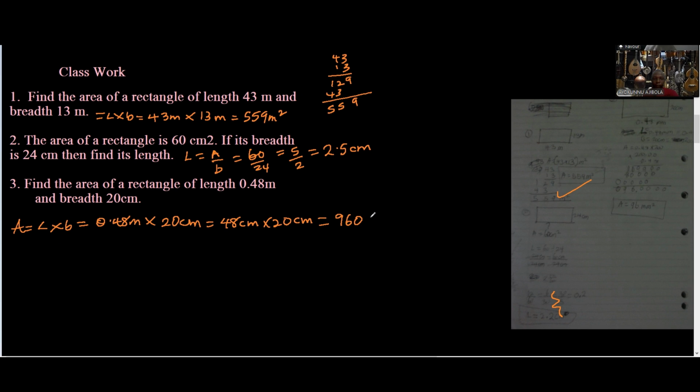So either you say 960 cm squared, or you will just have to multiply 0.48 and 0.2. And 0.48 by 0.2 is 0.096 in meters squared. So for this one, I'll give you half mark.